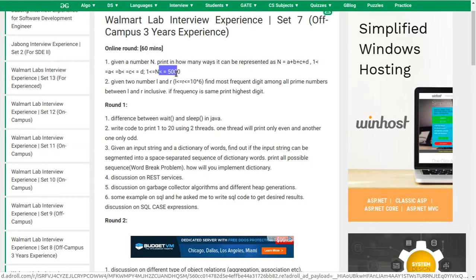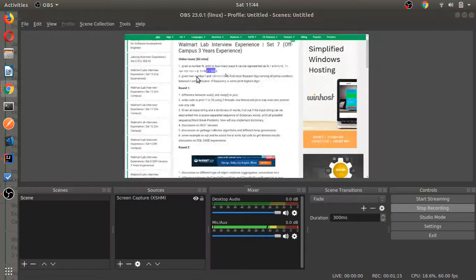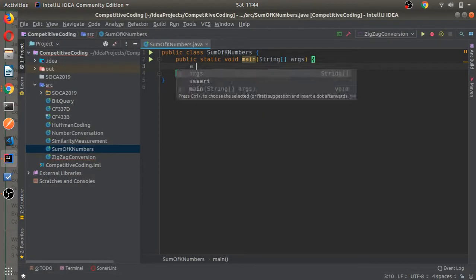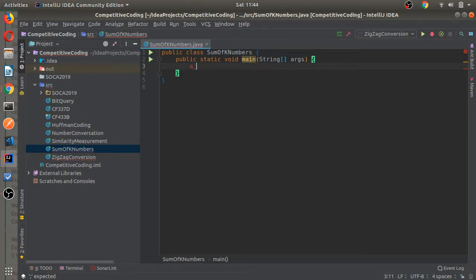The only thing I came up with is that a, b, c, d should all be less than n, because the minimum value is 1, so a cannot be 0, b cannot be 0.